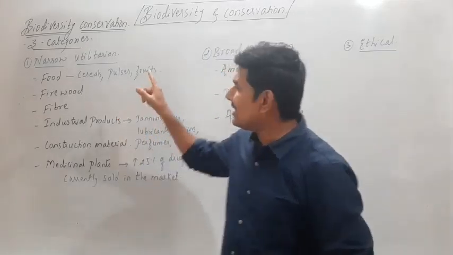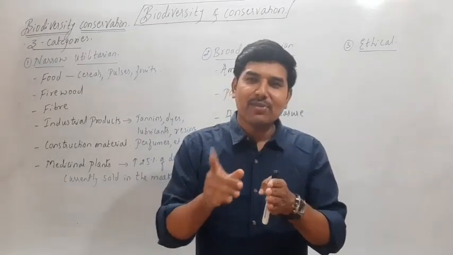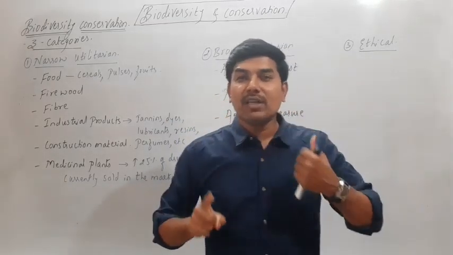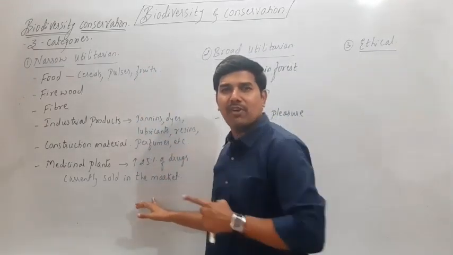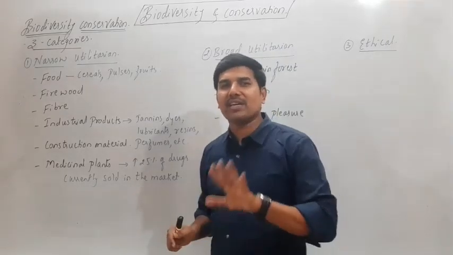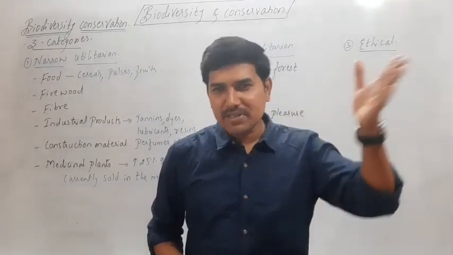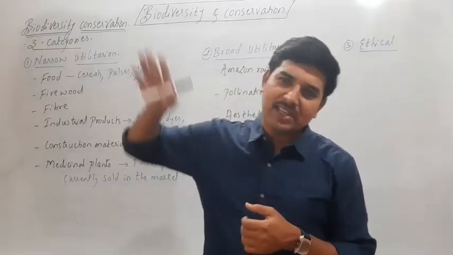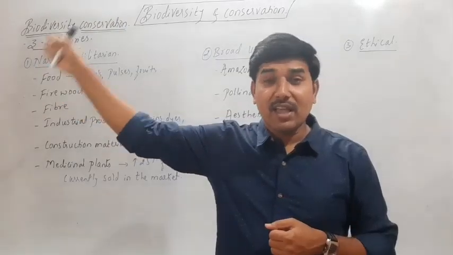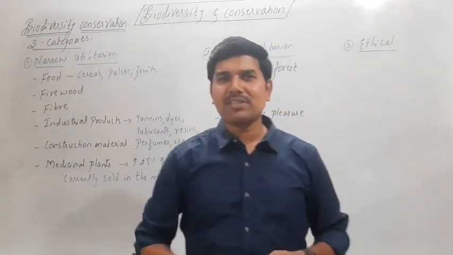That's why we call this a narrow utilitarian reason, so that we are conserving this species for the benefit of humans. Whatever we are studying here is for the benefit of humans only, but still we are conserving. The species are present in nature only. We are exploiting them and we are growing them. Since our ancestors, more than 10,000 years ago, we have been doing agriculture, and the process continues.